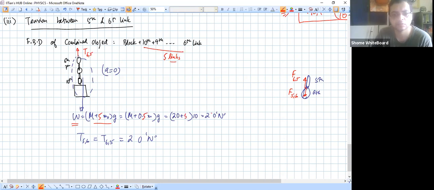So the answer should be 250 newtons. Yeah, it's the midpoint of the chain. So fifth and sixth: 5 links above, 5 links below, like that.